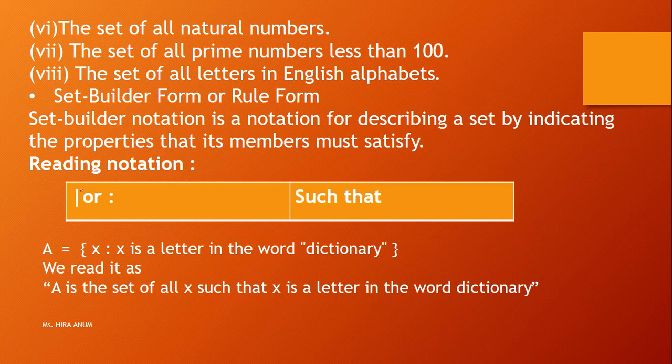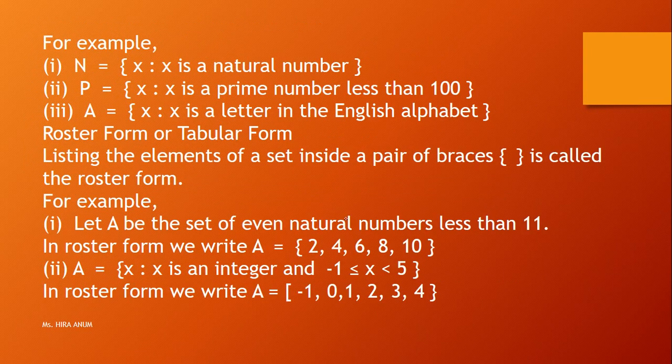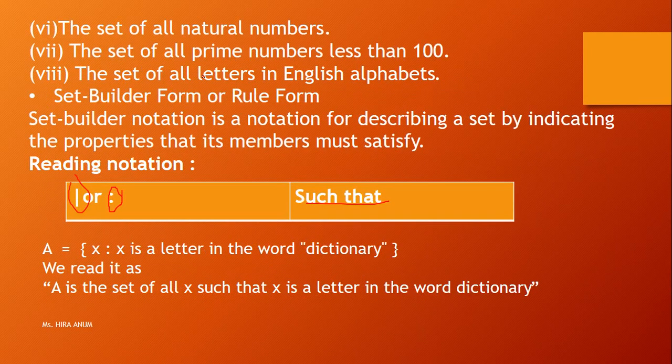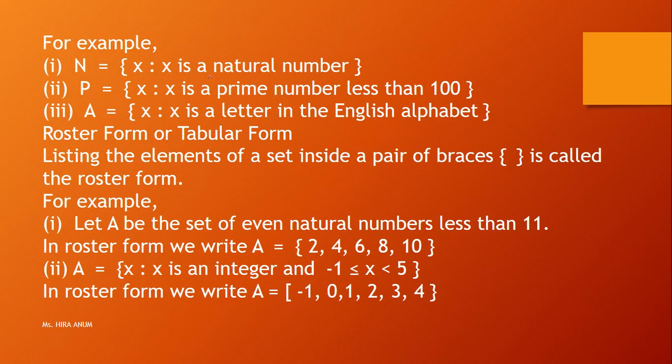This line is called such that, or these 2 dots are also known as such that. For example, A equals x such that x belongs to the natural numbers. x is a natural number.